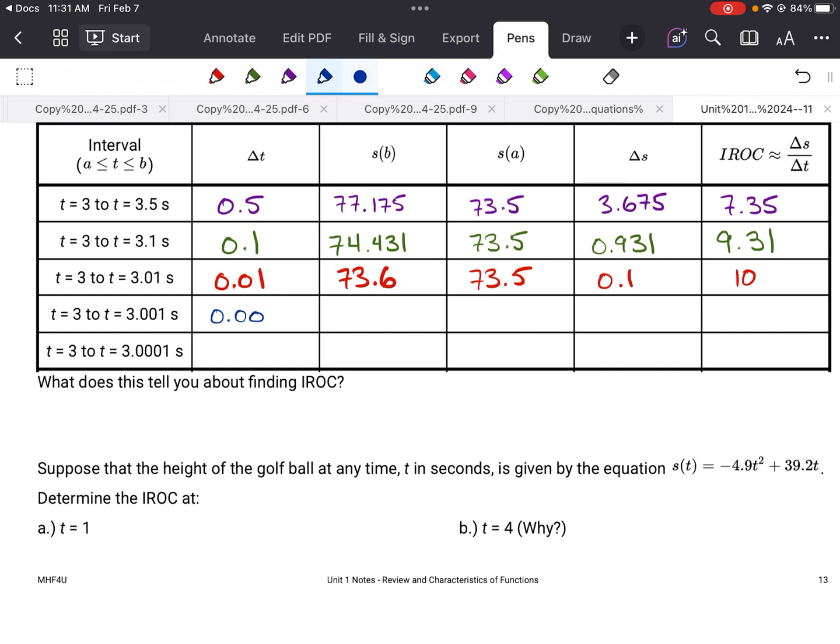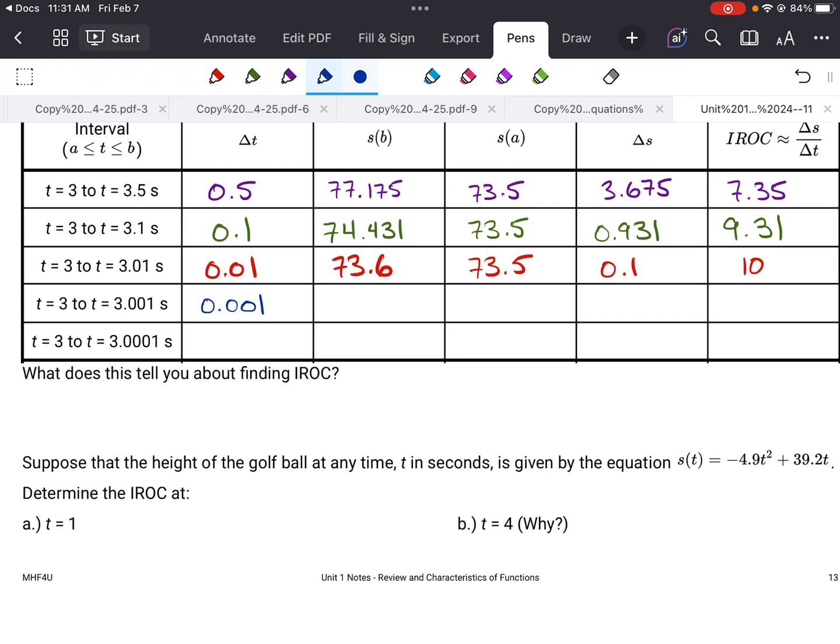Okay, what if we add 0.001? This is what I like to do. Not in every instance is it going to be a lot different. This one is actually going to be the exact same. But just trust me, the more decimals you add, the more accurate your answer will be. So we have 73.51 from 73.5, giving us a difference of 0.01. Divide them out, and we still get an IROC of 10.